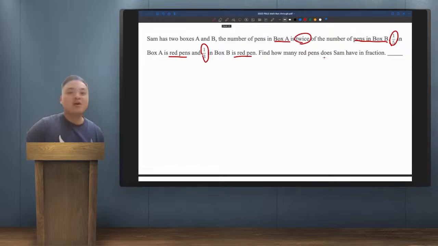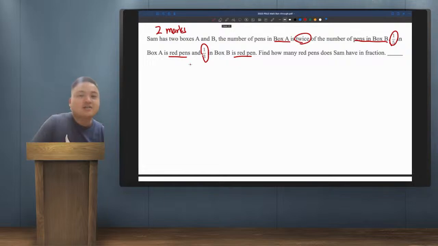So how many red pens does Sam have in fraction? You can type in your answer in the comment section. Then we see later who gets it correct. How many marks is this question? 2 marks.